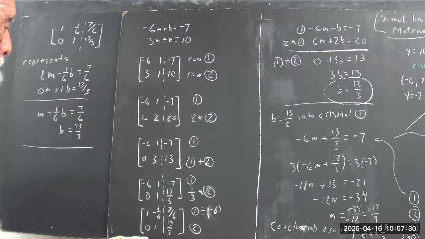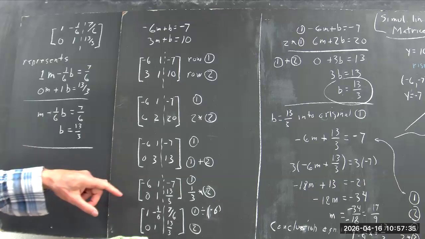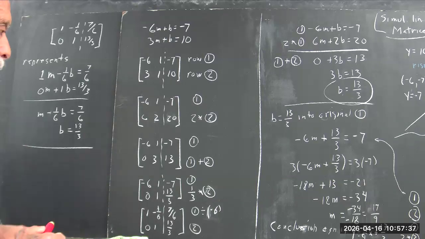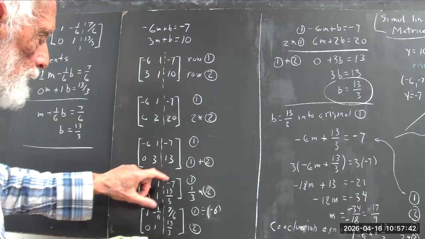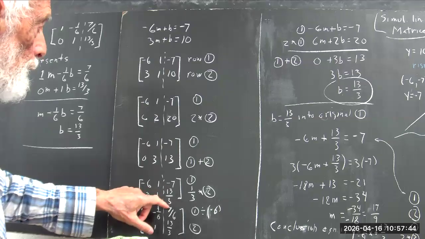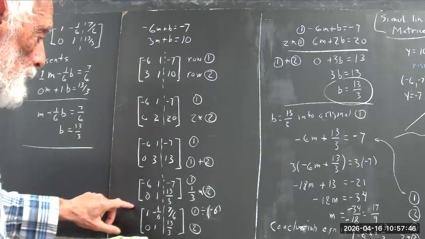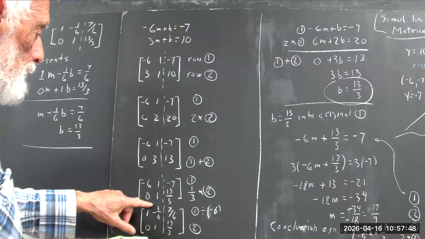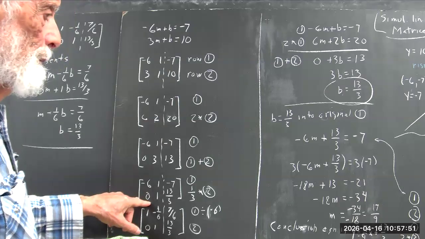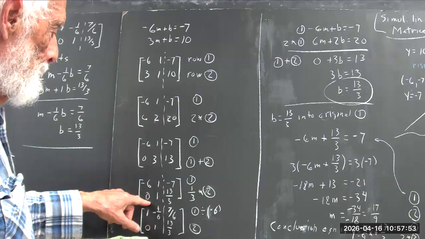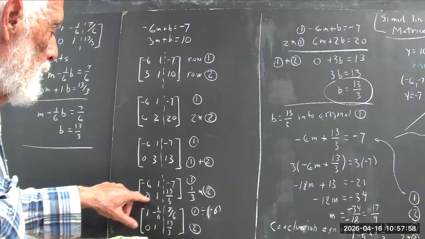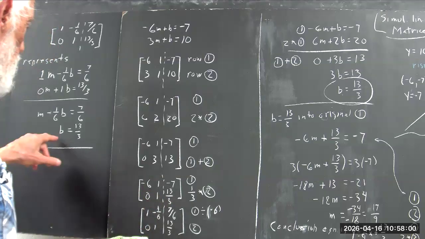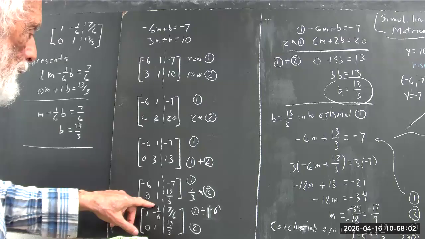Now, a lot of times, when I get to the matrix -6, 1, -7, 0, 1, 13/3, that would have been my fourth matrix in the reduction process, I can stop there. The second row, 0, 1, 13/3, represents my b equals 13/3.